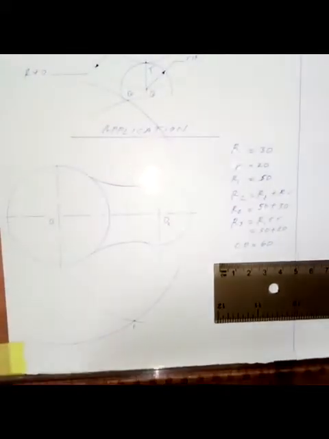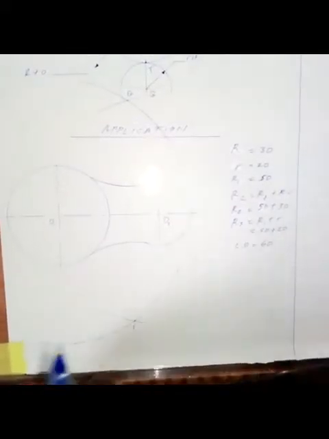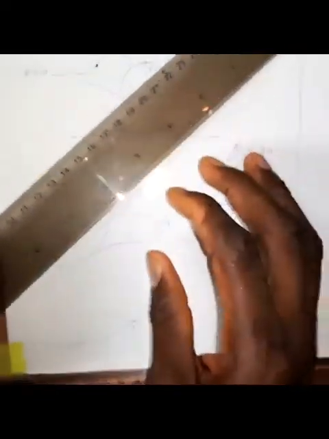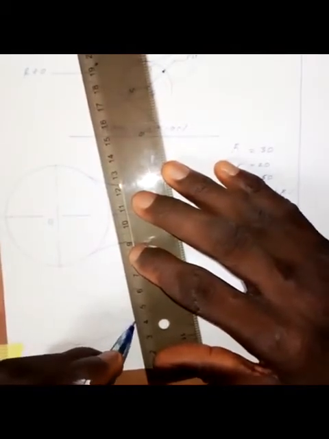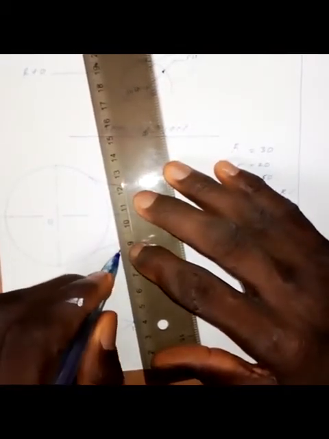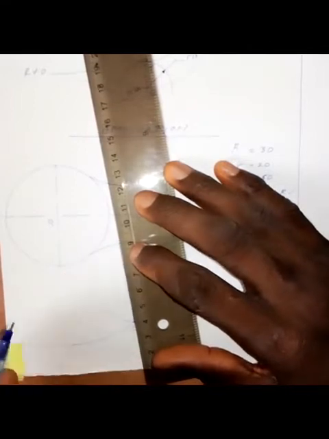So now let me show the dimension. So the radius here, I'll just show it on one part because we are going to have the same thing.